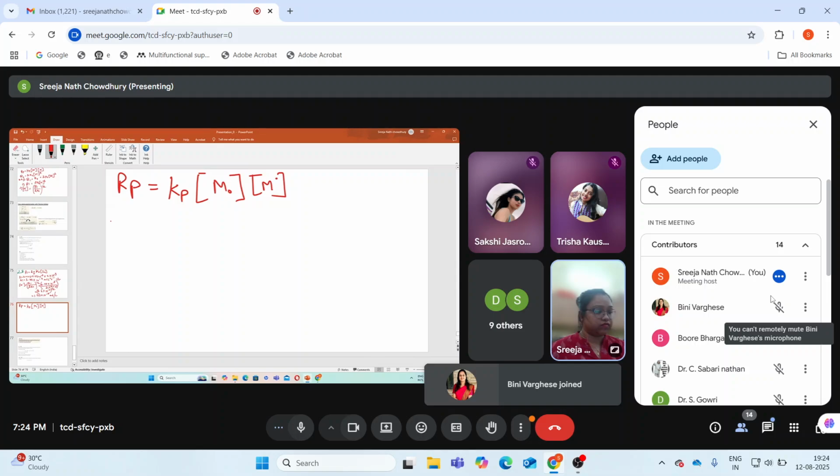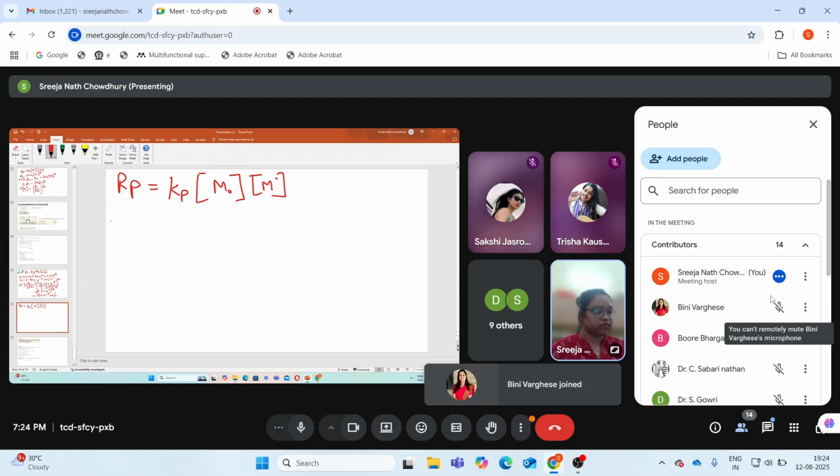Now Rp means the rate of reaction, the rate of consumption of the monomer molecule with respect to time. As the monomer is consumed with time, here we use the minus sign, and then instead of Rp we substitute this expression, and the term is the same.